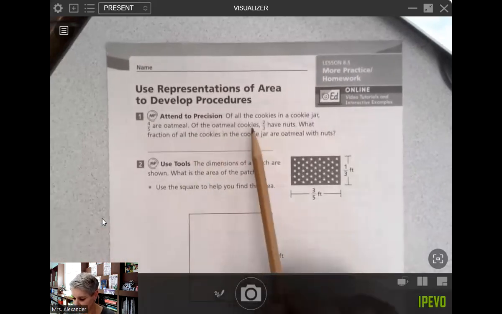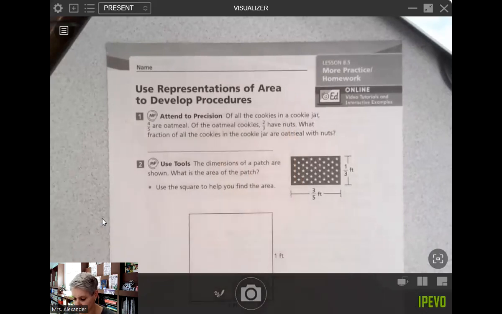We're going to start with, of all the cookies in a cookie jar, 4/5 are oatmeal. Of the oatmeal cookies, 2/3 have nuts. What fraction of all the cookies in the cookie jar are oatmeal with nuts? I'm still feeling like this does not follow our lesson today because we were doing area, but it's okay.